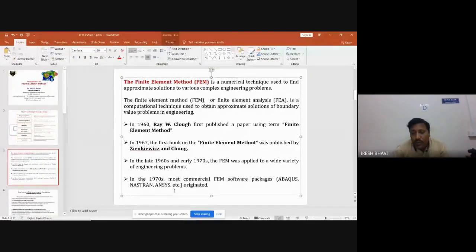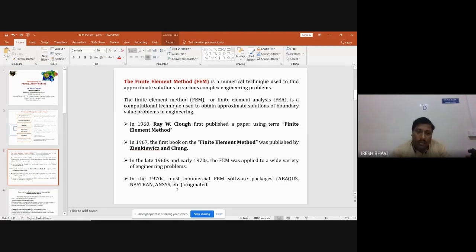Then later I will add them together to obtain the area of this irregular shaped body. Means what? This complex problem I have converted into a simpler one.